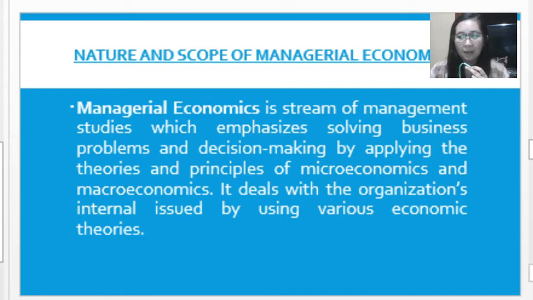Meaning they are also part of a larger portion of the society, although they may be considered as an individual or single unit. That's why in this case we also include that under the macroeconomics analysis. Again, the main purpose is to solve business problems for decision-making purposes, where we apply economic concepts of micro and macroeconomics.